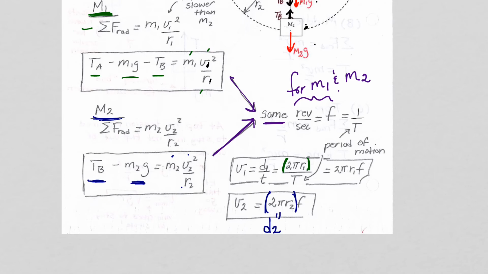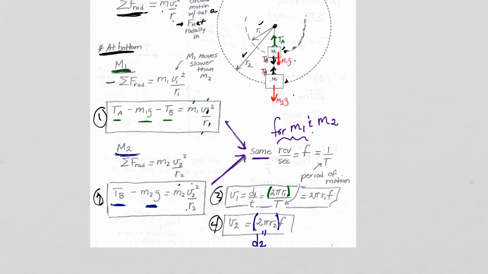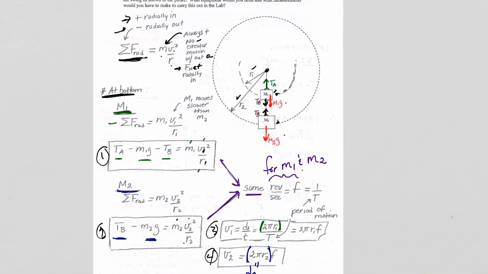So now I have these 4 boxed equations. So I have 1, 2, 3, 4 at my disposal. And let's take a look at what it would take to numerically solve this if this were actually occurring in the classroom.